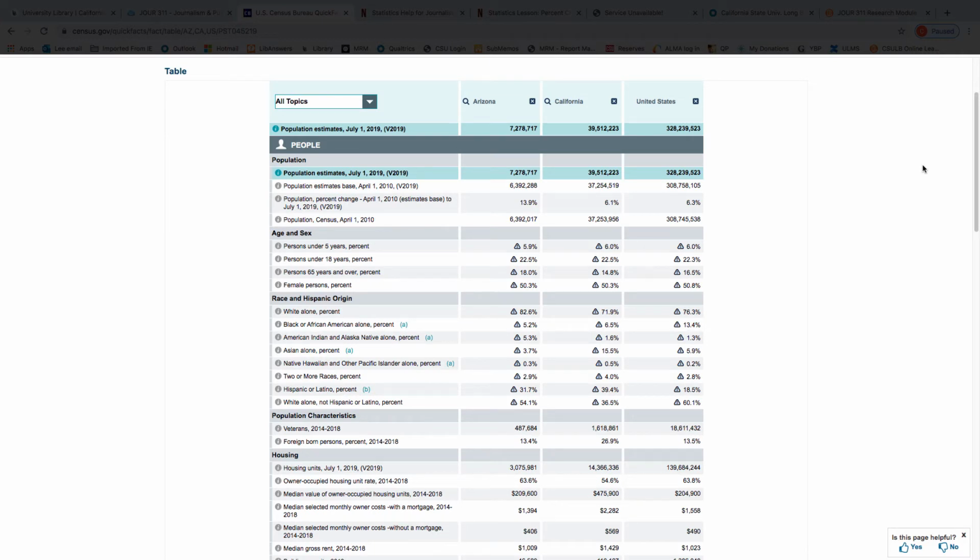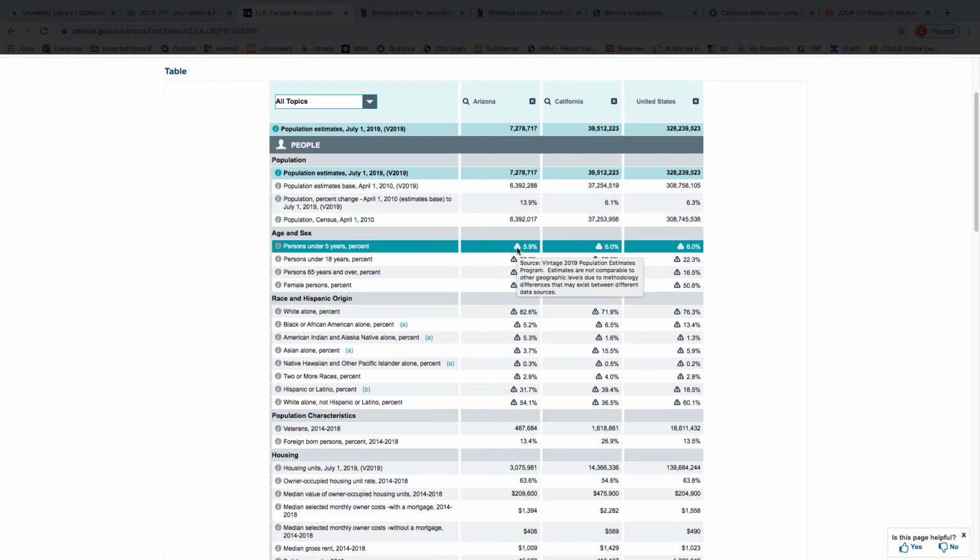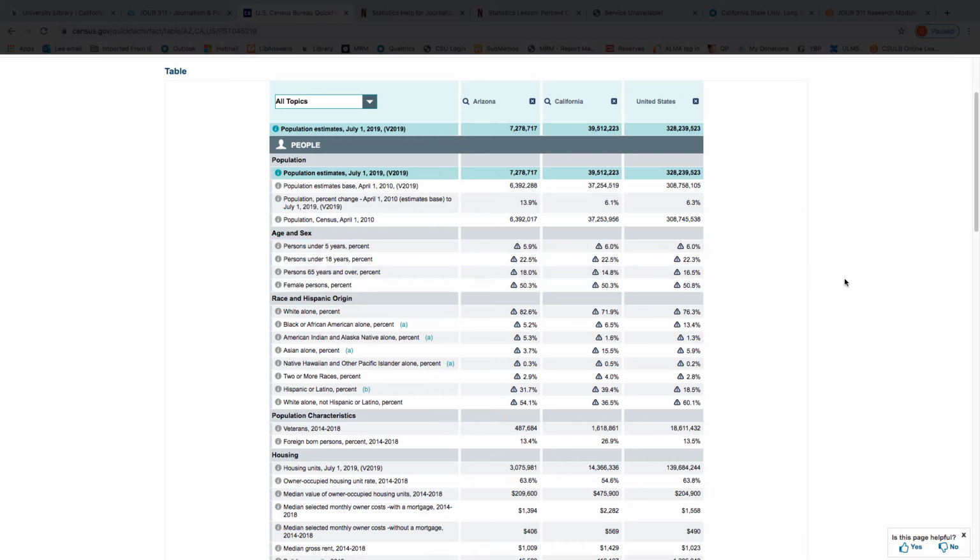Well, we've started the 2020 census, but it's obviously delayed because of the pandemic. So many of these pieces of data here are going to have little warnings on them that say that they're not comparable to others because it's been a long time since the census data was gathered per individual.